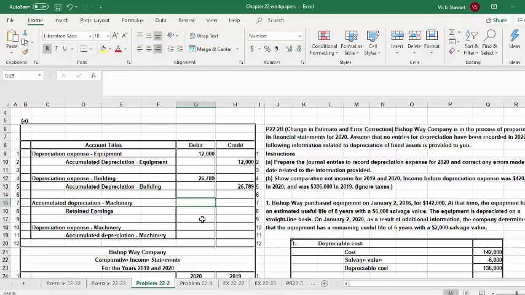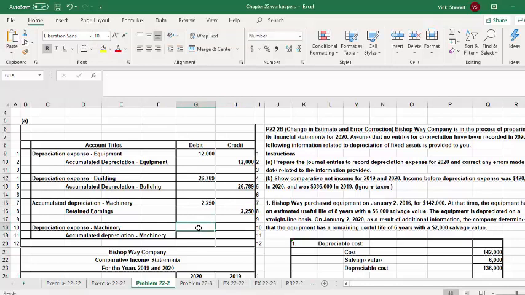The third scenario required us to make a correcting entry because the depreciation had been calculated incorrectly. So we know that the bookkeeper had over depreciated the equipment, so we would need to debit accumulated depreciation machinery for $2,250, and we would need to credit retained earnings for the same amount, and that would correct those for the error.